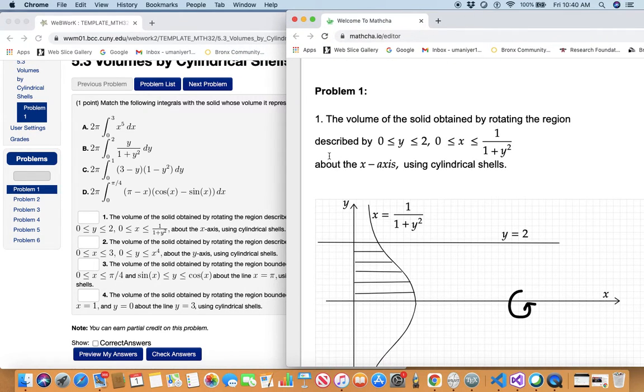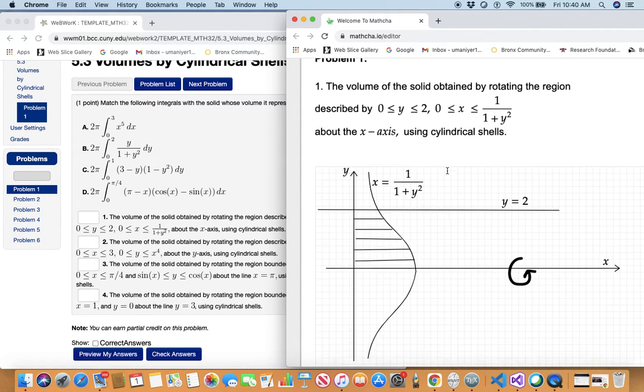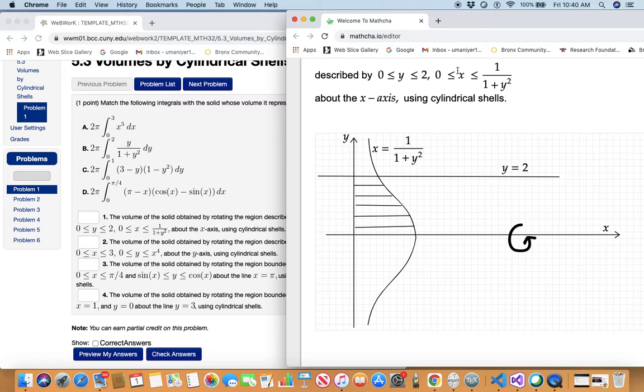The first volume is the solid obtained by rotating the region described by y between 0 and 2, x between 0 and 1 over 1 plus y squared. You want to rotate this about the x-axis. So, x equals 0 is the y-axis. X equals 1 over 1 plus y squared is this curve.